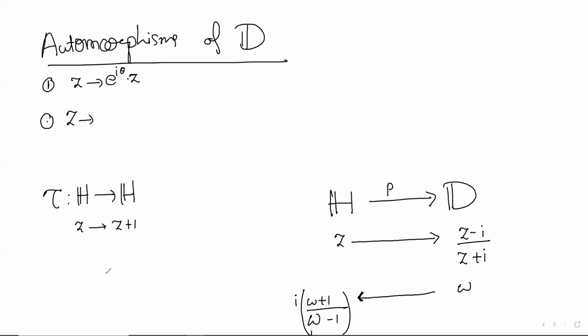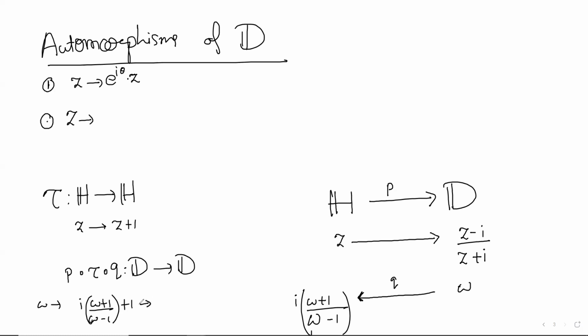Okay, so now what you do, this is P, let's call this Q, or this P inverse basically. So then we are going to take this, and this is going to be an automorphism of the disk. So this is taking omega to I times omega, omega minus 1 plus 1.